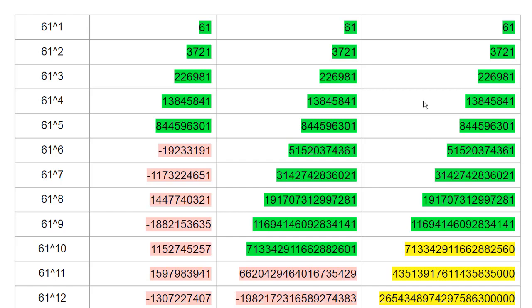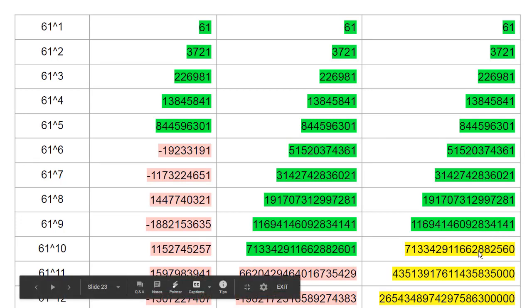I had to debug the code, and finally I realized the student was using Math.pow, and the results computed were not precise. If you look here, at 61 to the power of 10, the two numbers are similar, but not exactly the same. Look at the last three digits: this is 560, this is 601.